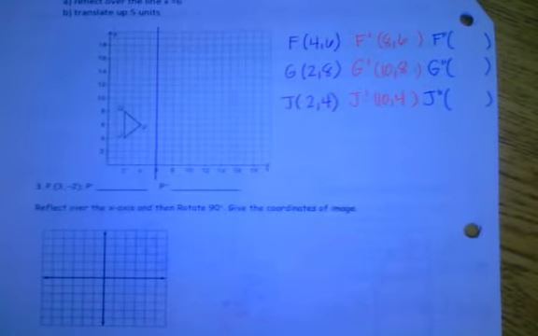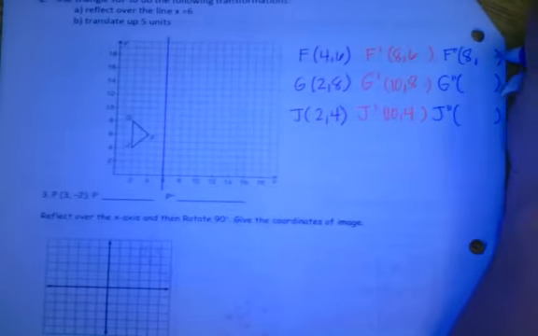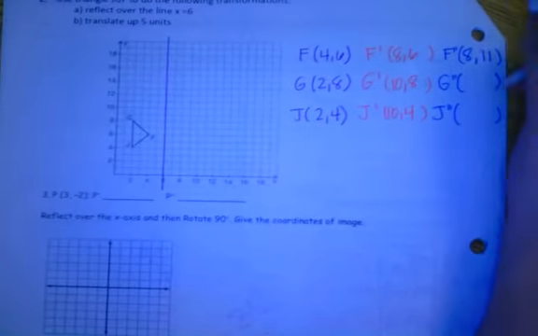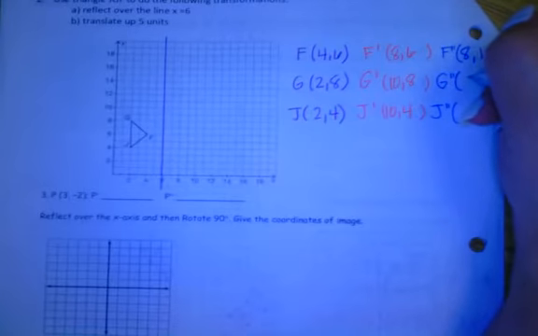Madison, F double prime. 8, 11. Very good. Mirinol, G double prime. Stay with us. This is twice in a row.